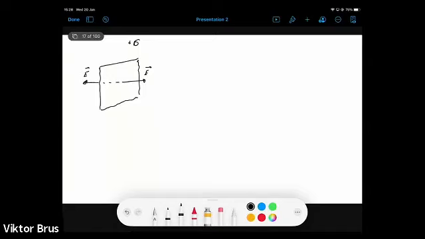Taking into account the symmetry of this problem, we can also pick up some cylindric surface. So let us draw it here on this surface.